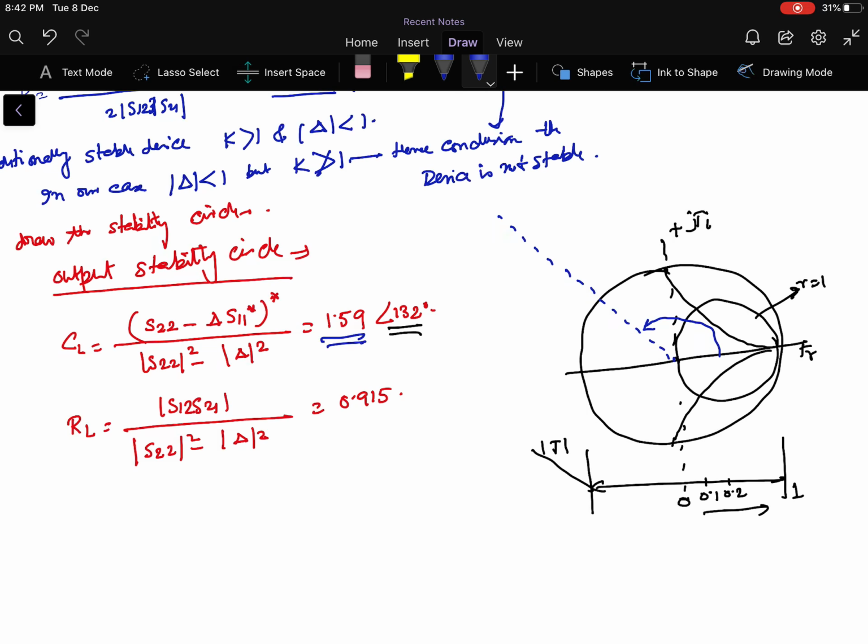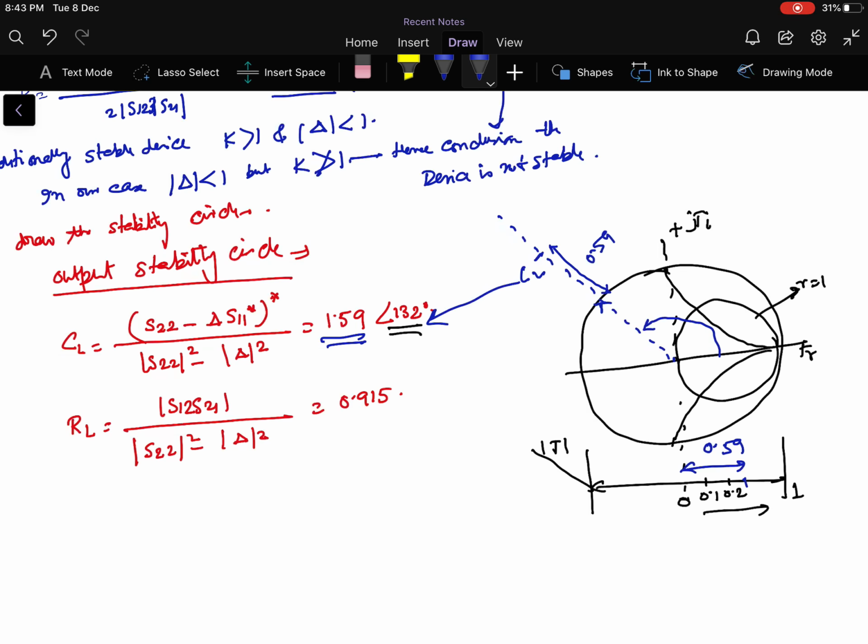Now from that line I need to go 1.59. From here to here it is 1, and then an extra 0.59 I have to take from here to here. So from here to here is magnitude 0.59, and here comes my center. I am plotting this as my center.